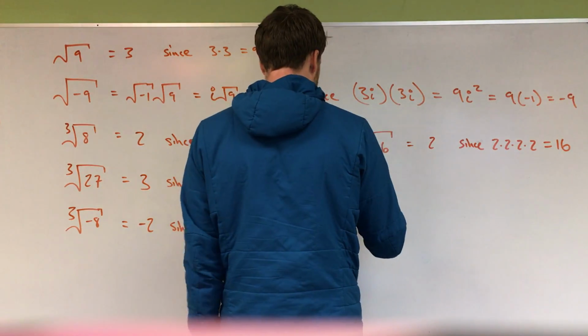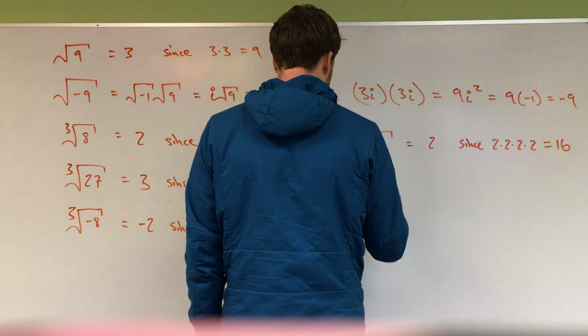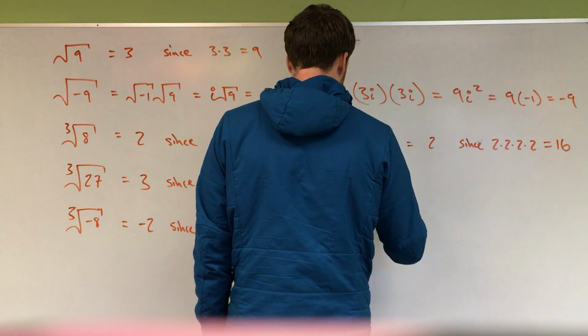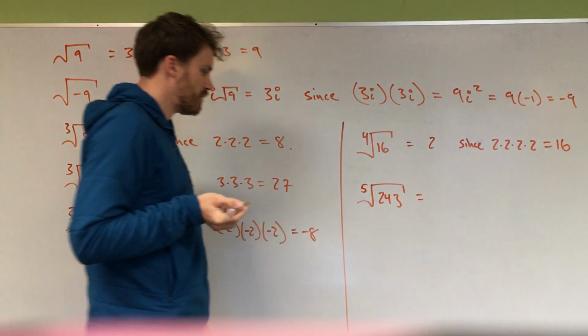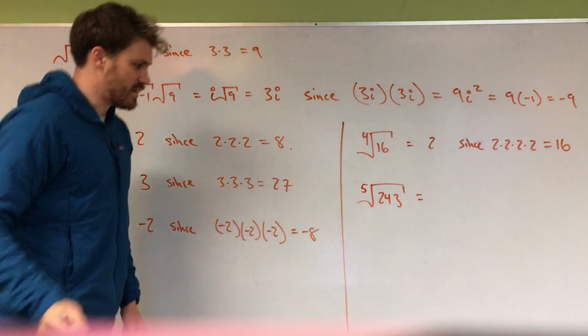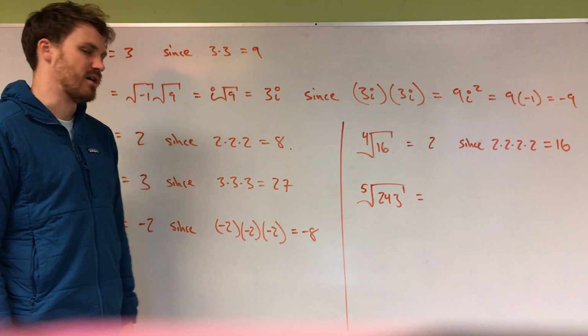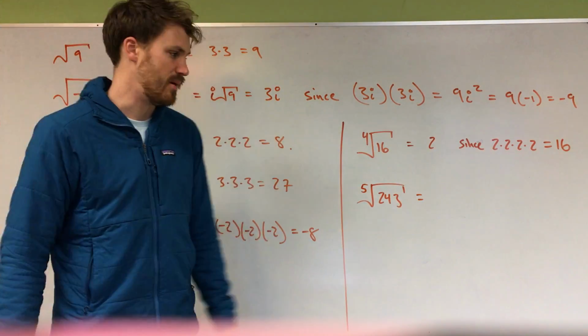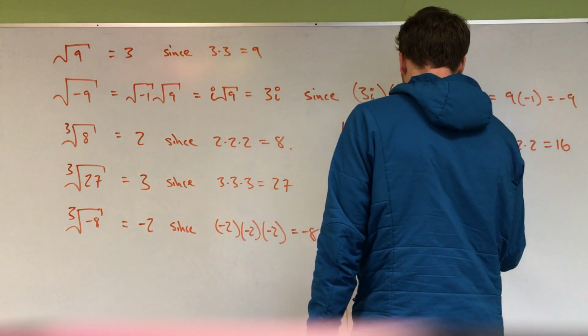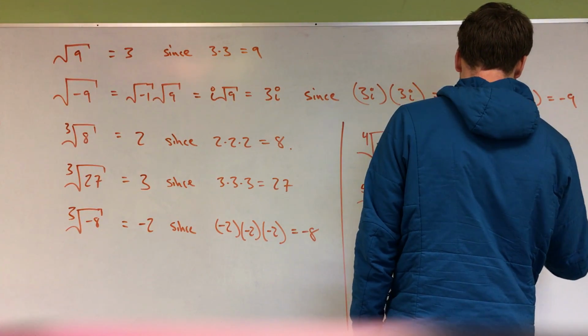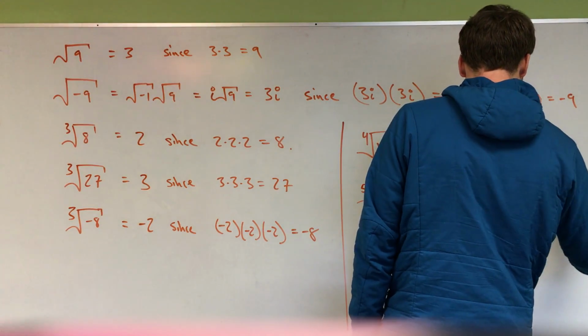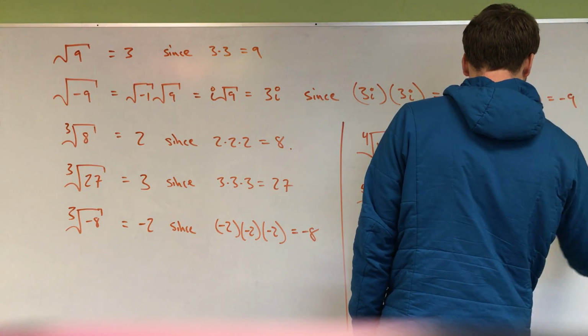We could have, say, the fifth root of 243 and say what multiplies 5 times to get 243. I think that's the right number, if I'm remembering correctly. And I think that's 3, since 3 times 3 times 3 times 3 times 3 is 243.